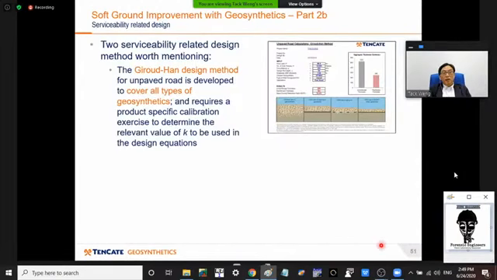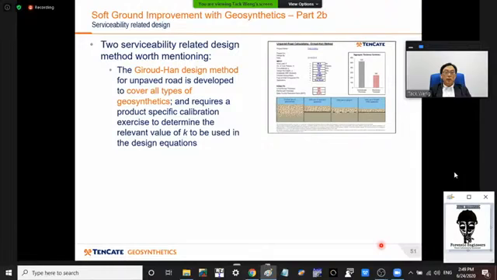Next, I'll talk about some examples of serviceability related design. Here, I'm going to talk about two cases, one for unpaved road and one for paved road. In the unpaved road, the Giroud-Han design method is the most common design method, and while it is product specific, the design itself is generic.